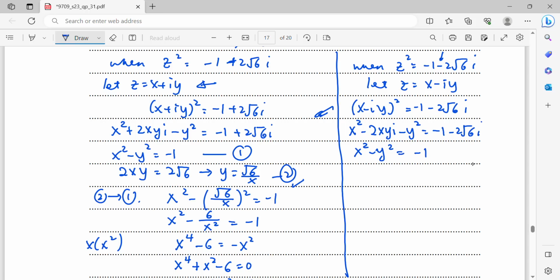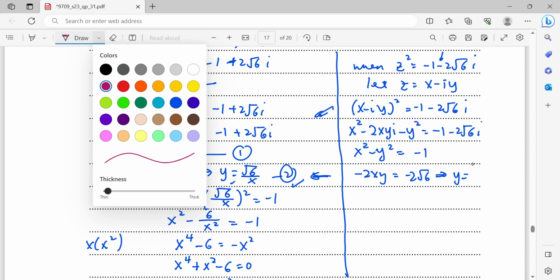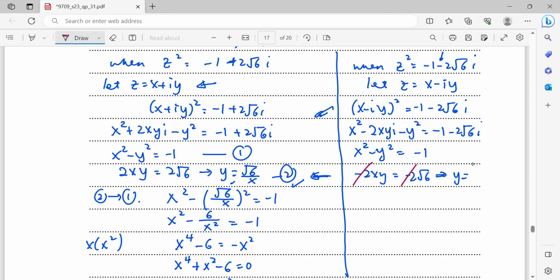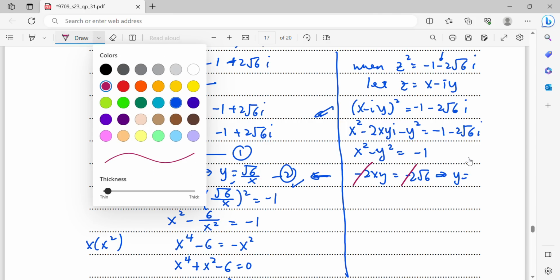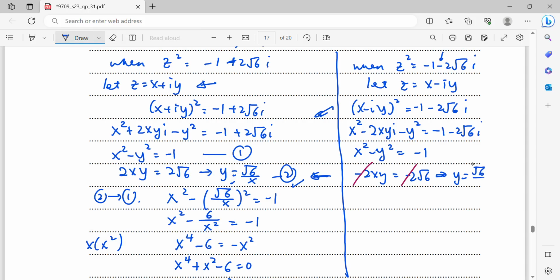For the left hand side, the imaginary part is minus 2xy, and the right hand side imaginary part is minus 2 square root 6. So from here, for the imaginary part, I will be getting the same equation as the previous working. Because the minus 2 can be cancelled off, I will get y equals square root 6 over x as well.